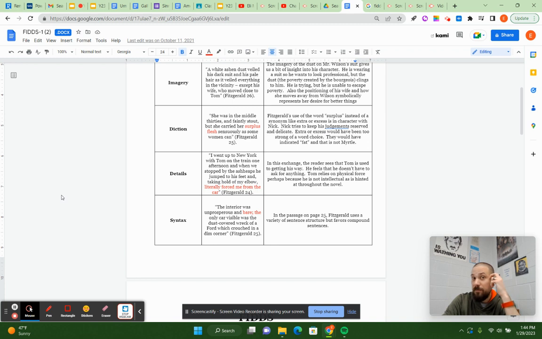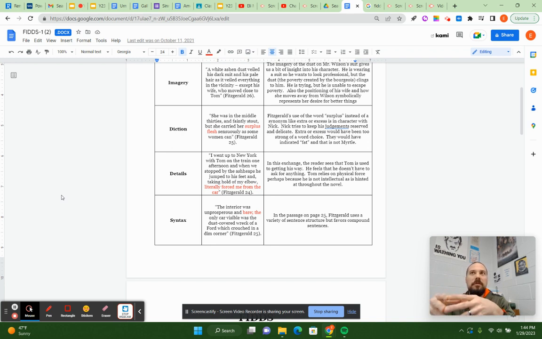And if you remember my punctuation lessons, semicolons are used when you have two independent clauses joined together and linked by ideas. Here we have the interior was unprosperous and bare. The only car visible was a dust-covered wreck of a Ford, which crouched in a dim corner.